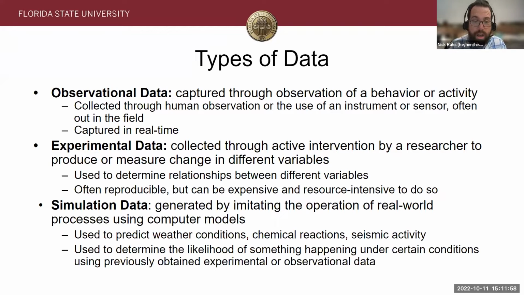Simulation data is data that is generated by imitating the operation of real-world processes using computer models. So thinking about things like weather conditions, or maybe more dangerous, unsafe, or impractical chemical reactions, or any sort of activity that flows down from the observational and experimental data that have been collected, but might not be practical to test in those real world settings.